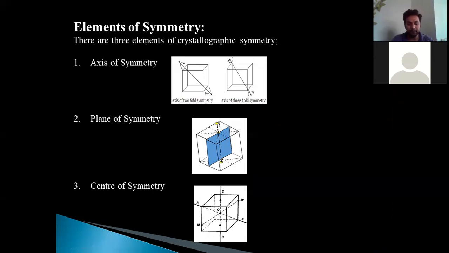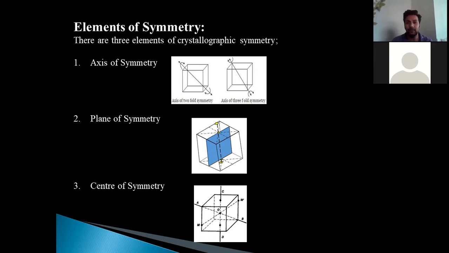Elements of symmetry. To measure this crystallographic symmetry, we have three elements of symmetry. The first is axis of symmetry, the second is plane of symmetry, and the third is center of symmetry. Every crystal has some sort of elements of symmetry in it.